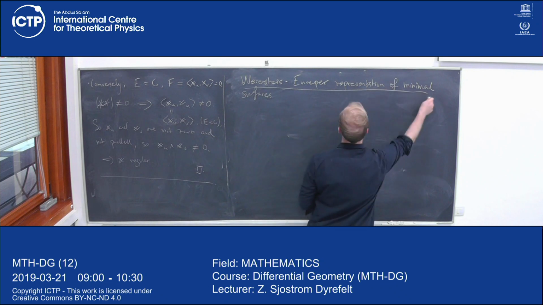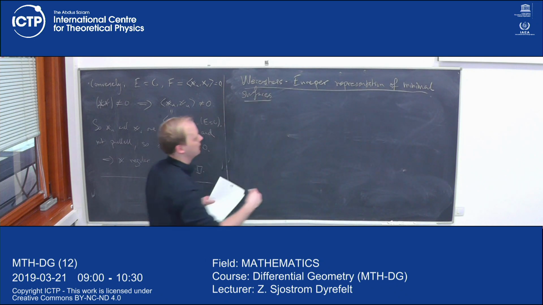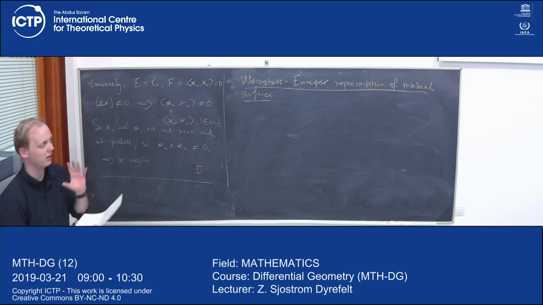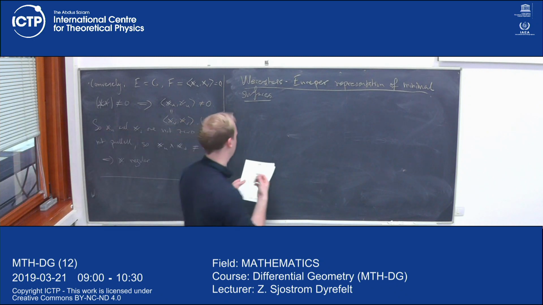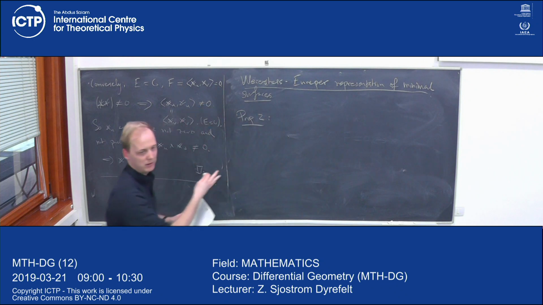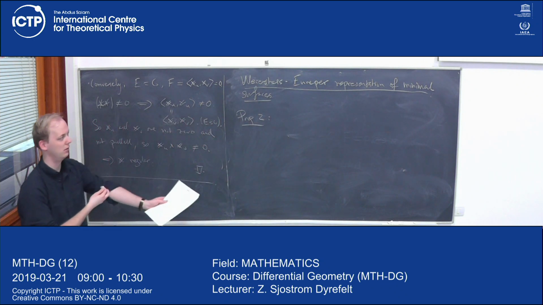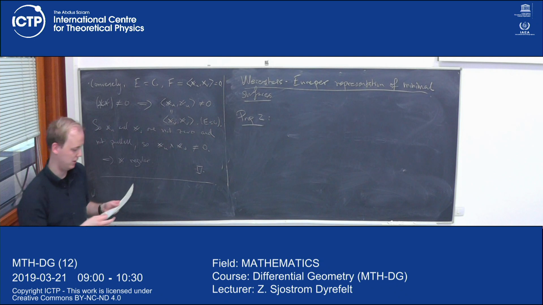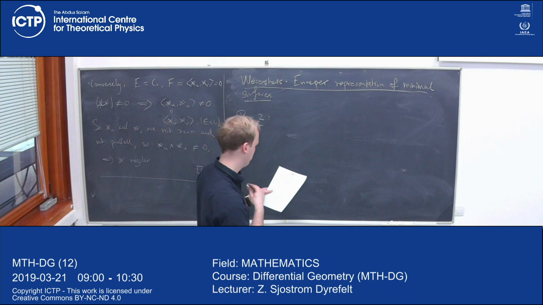This would be a way in which we can represent any minimal surface in a very nice and convenient way that gives you lots of information. First we have some preliminary result before we can come to the main theorem, the Weierstrass-Enneper representation theorem.